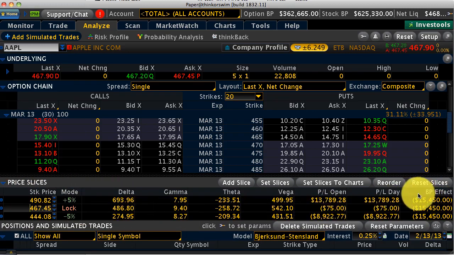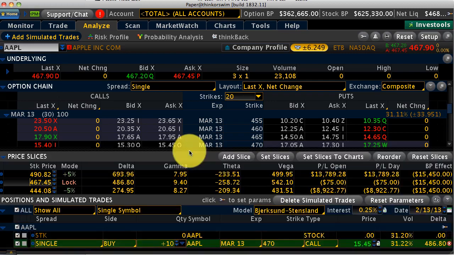Now, I want to show you a couple of things. In the last column, you'll see a column called the BP effect, and that is your buying power. Now, the broker is going to hold $15,450 for this particular trade from your account. Now, why did he do that? Because you're paying $15.45 per share, and for 1,000 shares, it's going to be $15,450.